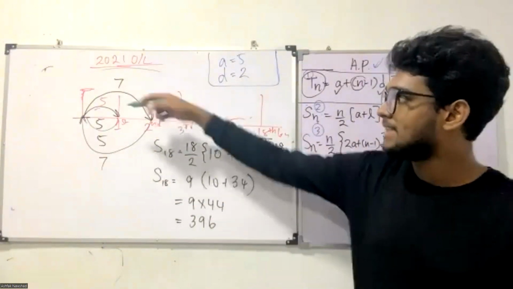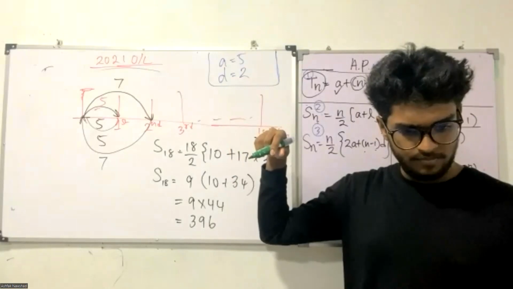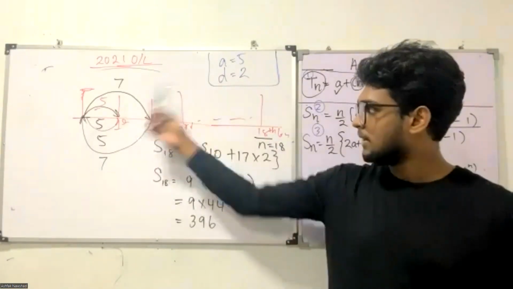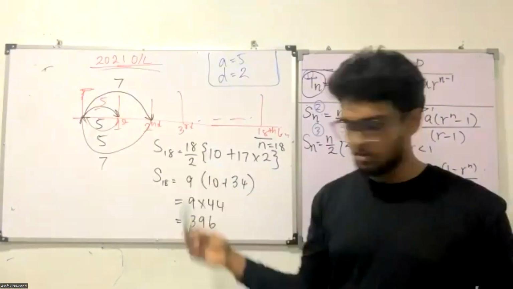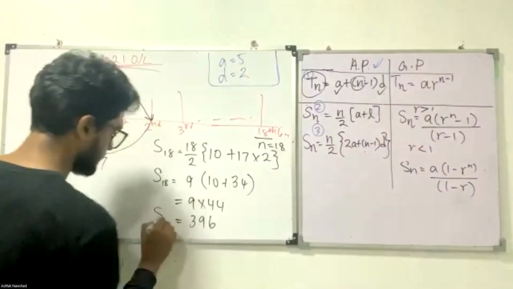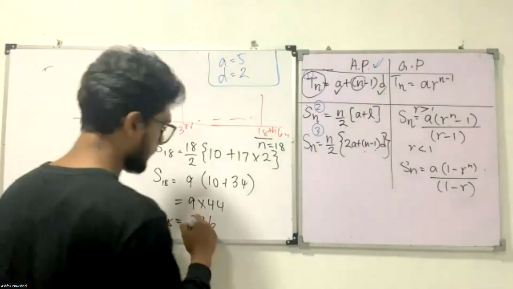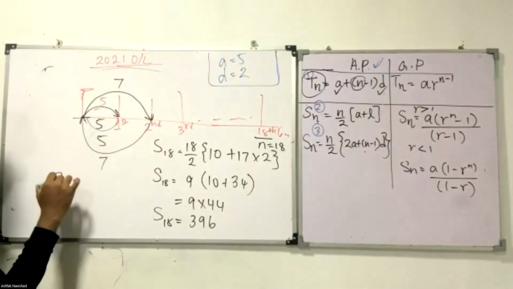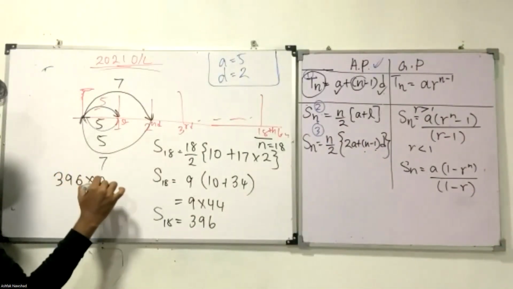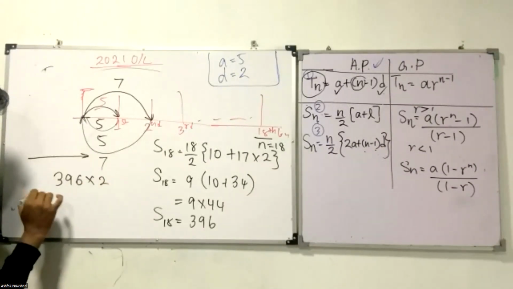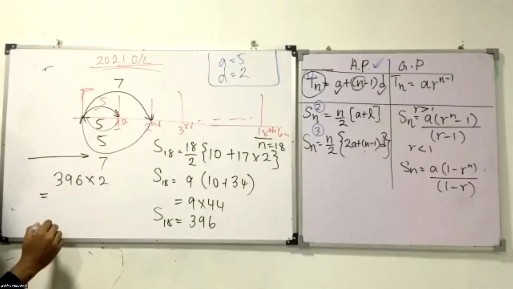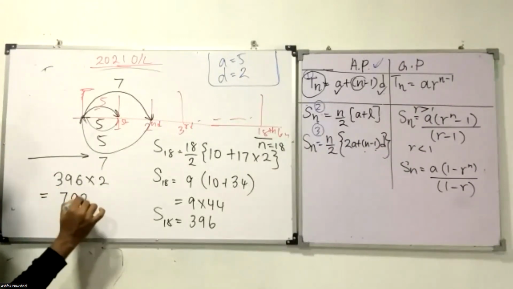We have to multiply Sn by which number? We have to multiply the answer by 2. She repeats it. So this is S18, but the answer we need is 396 times 2. You can write it as she repeats the process, so we are multiplying it by 2. So we'll end up with 792 meters.